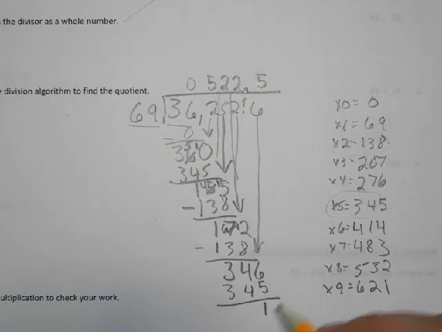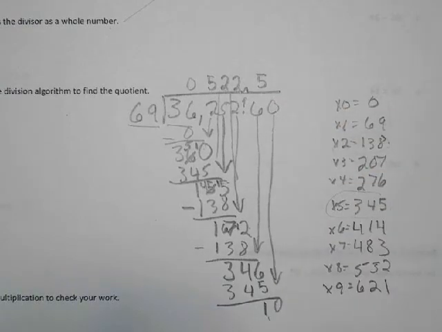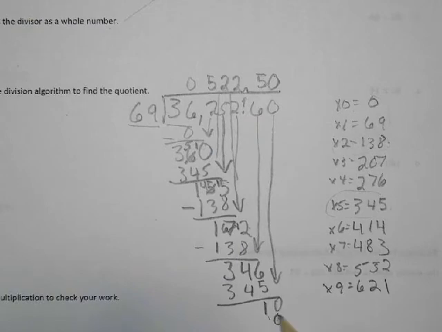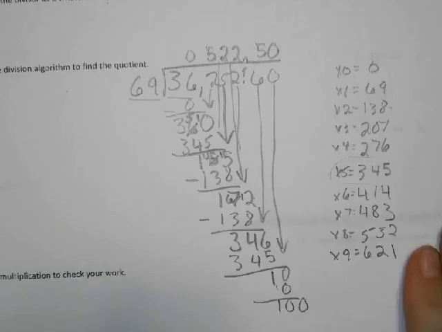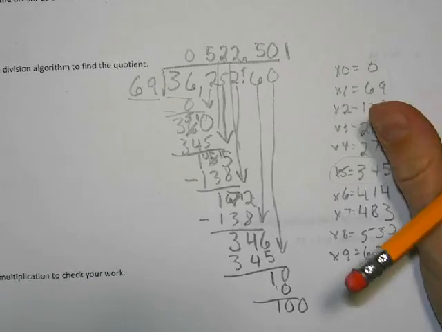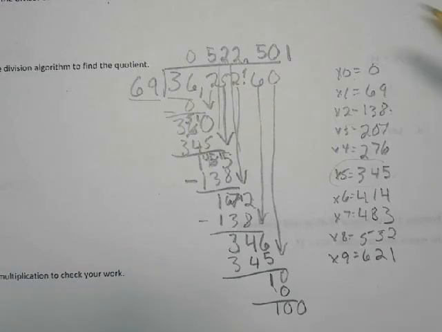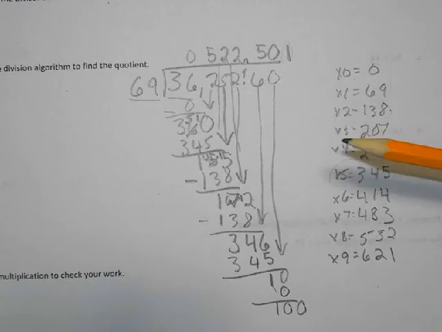I can't do anything. Oh, I bring down a 0, and that's a 10. I can't do anything there, so I'm going to put a 0 here because that's the closest I can get to it. 69 times 0 is 0. And then it becomes a 100. And it can go in there once. We're going to stop here because you always want to stop in the hundreds place. Okay, so all I did was stop after this because then I would know whether I needed to round this up or not.